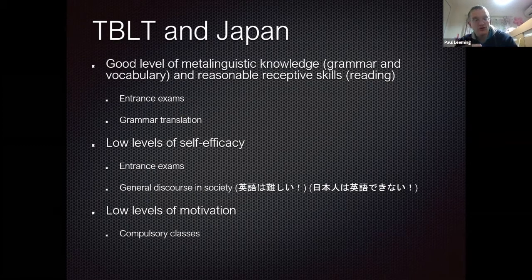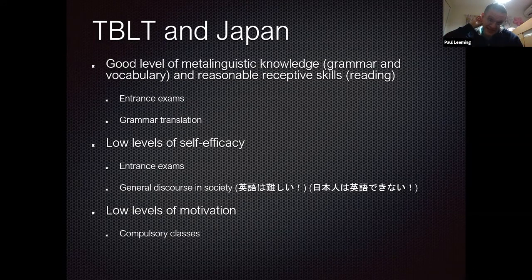Coupled with the third thing that I've found, again, at most universities, that this isn't all, is this low levels of motivation. Why? You pass the entrance exam to university to study chemistry, and suddenly you're told you've got to take 2 more years of English. But I don't want to study English. My major's chemistry.